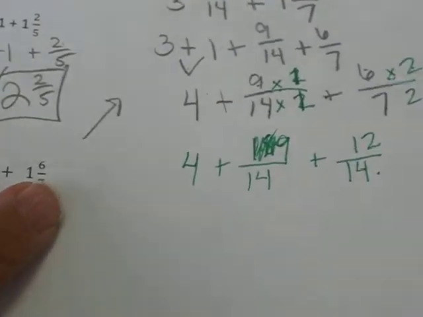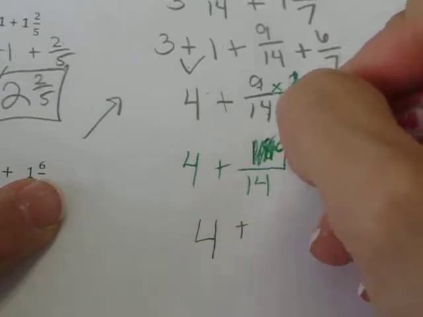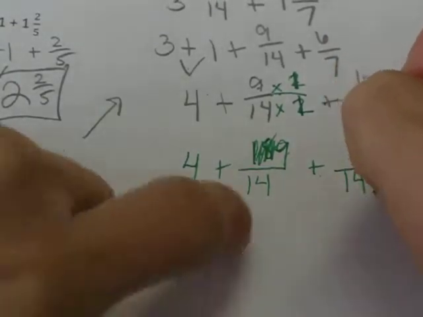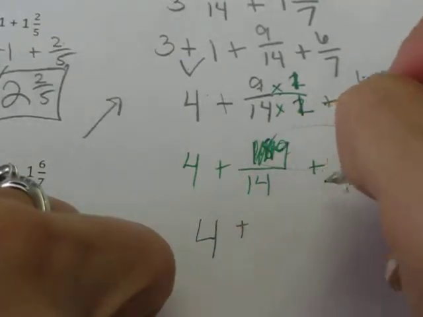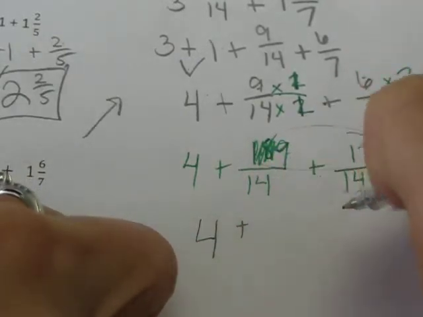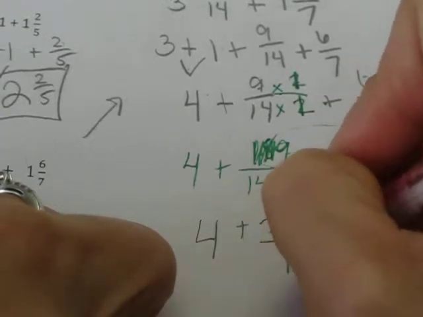Now I can go ahead and add it. 4 plus 9/14 plus 12/14. Remember, only add the numerators, so 9 plus 12 is, I can't even think right now, 21, and my denominators stay the same, 14.